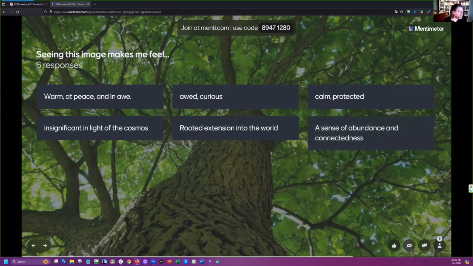Rooted. Really good spectrum of feelings here.